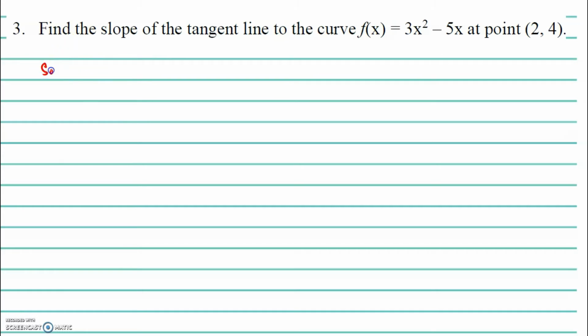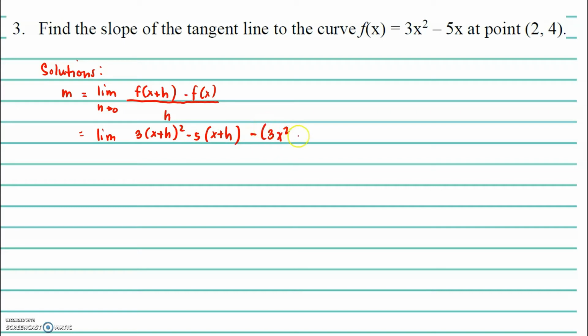So we have here the slope is equal to the limit of the difference quotient: the limit of 3 times (x plus h) squared minus 5 times (x plus h), minus f of x, that is 3x squared minus 5x, all over h as h approaches 0.